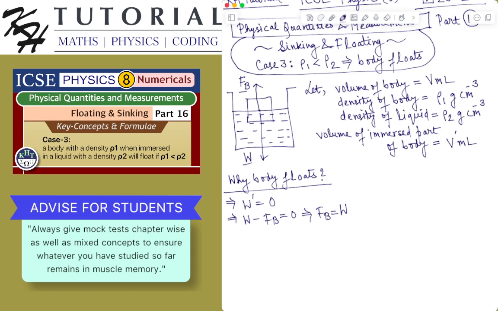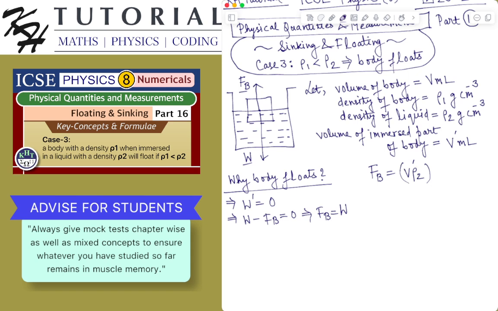Okay, so what is buoyant force? The buoyant force we know is the weight of the displaced liquid. And what is weight? Weight is nothing but the mass in gram force, if we consider the mass to be in gram. So what is the mass of the displaced liquid? The volume of the displaced liquid is the volume of the immersed part of the solid, which is V dash, and the density of the liquid is ρ2. So V dash ρ2 gram is the mass of the displaced liquid.